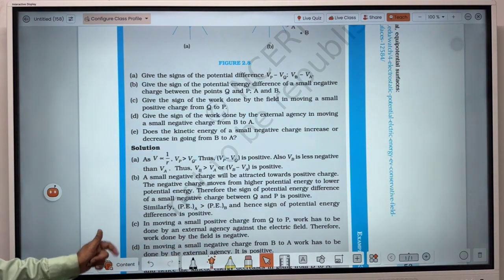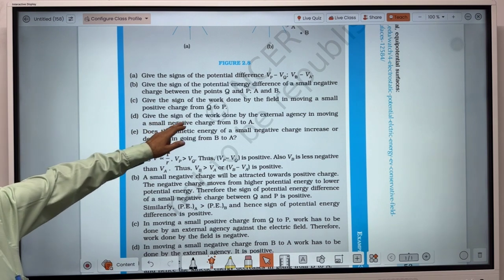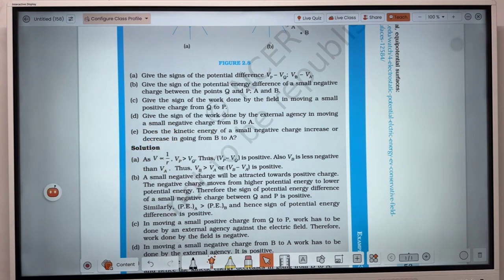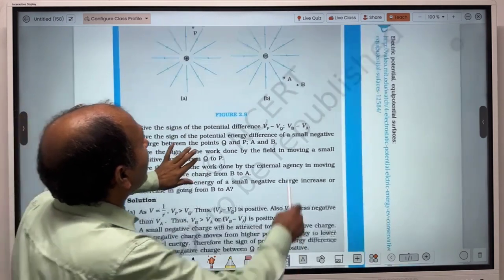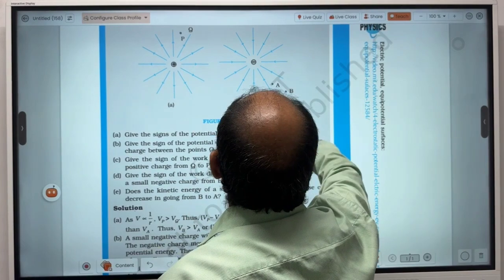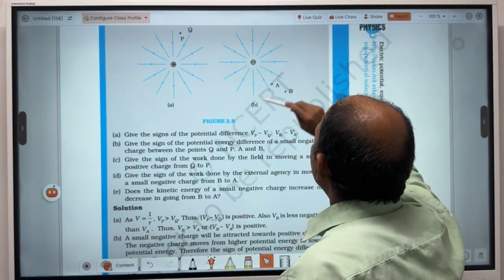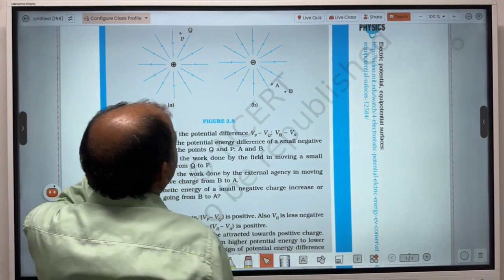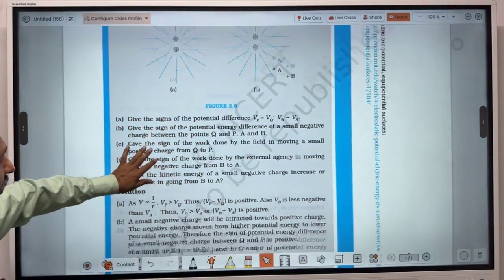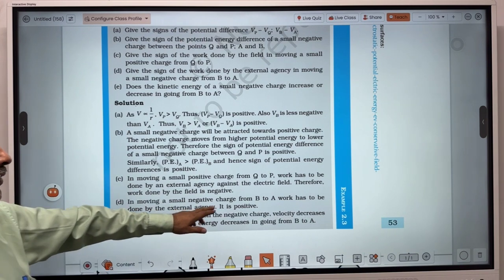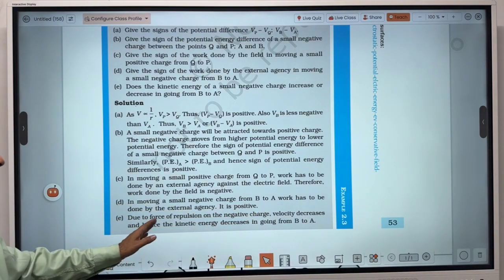And here, give the sign of the work done by the external agency in moving a small negative charge from B to A. In the case of a negative charge, what happens here? Potential at this point is less as compared to this point. So here just the opposite is happening. That is why in this case, in moving a small negative charge from B to A, work has to be done by the external agency.